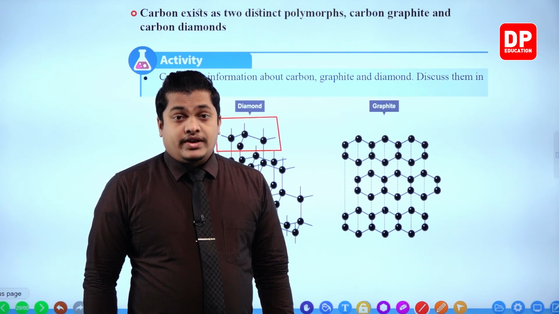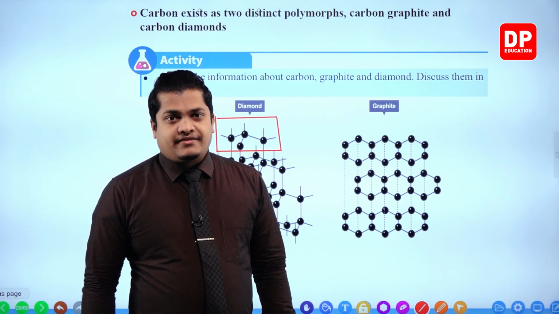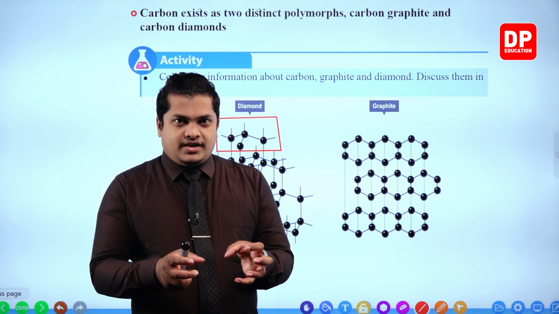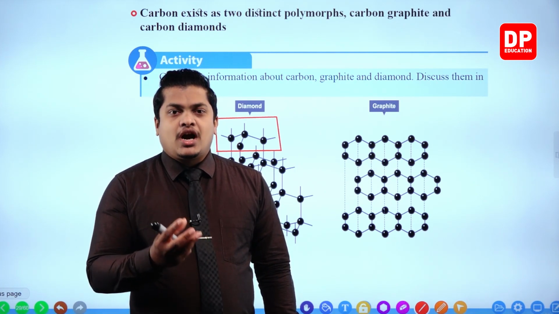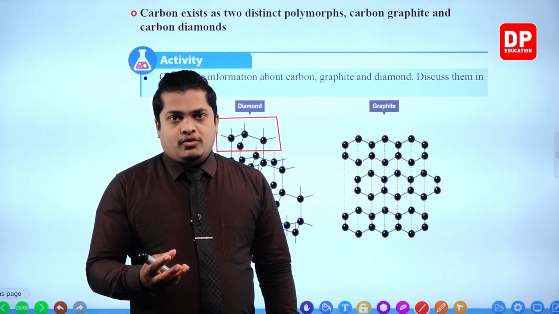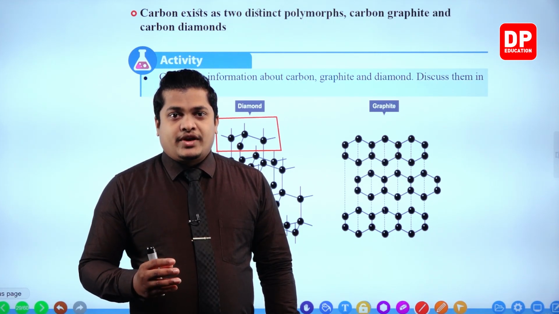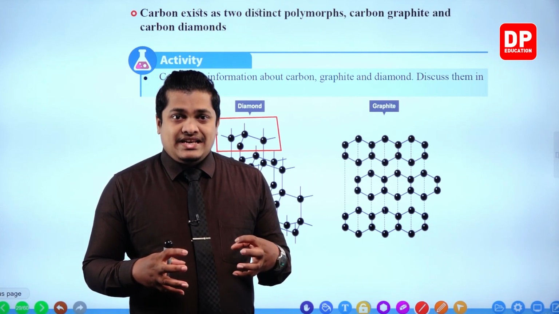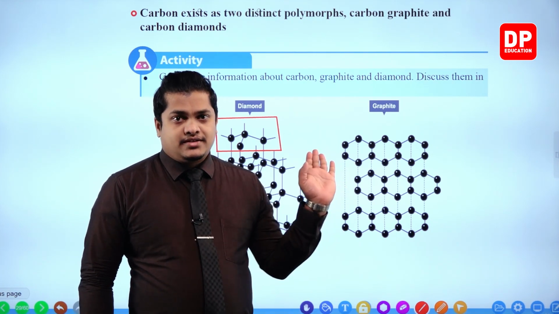To create diamond, my dear children, carbon has to go through an immense pressure. If you take charcoal, which you know is made up mainly of carbon, and provide enough pressure under suitable conditions, then you can create diamond.